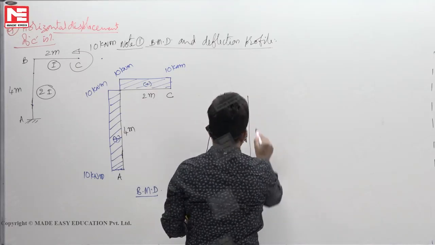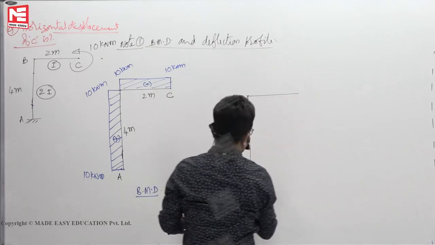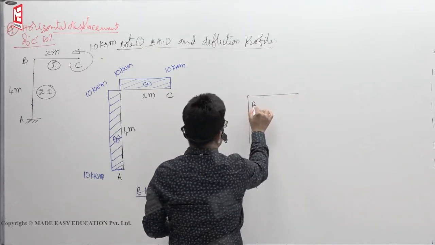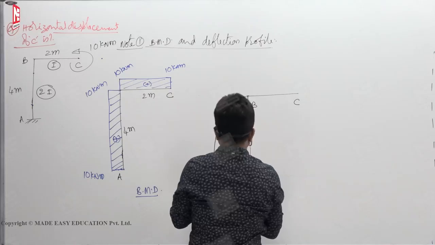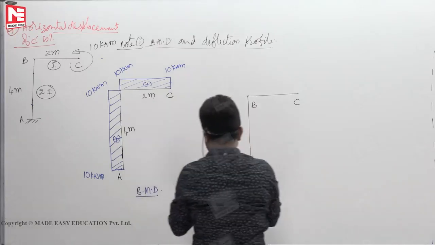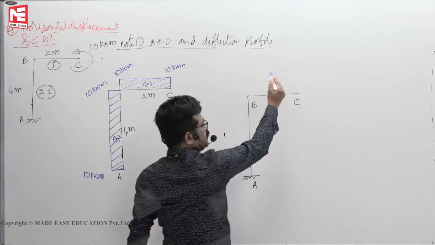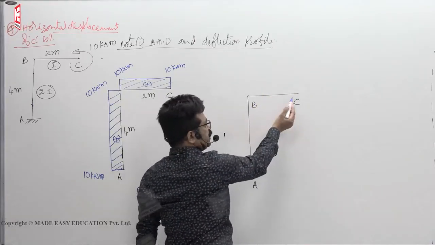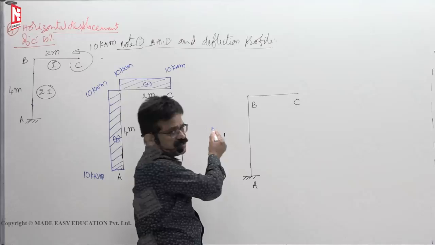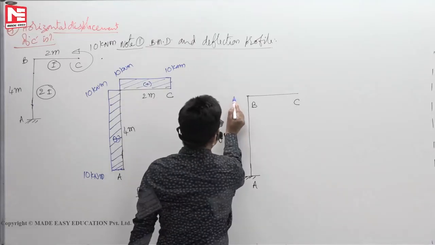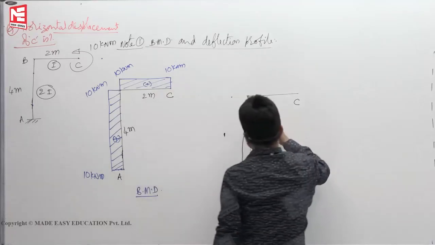This point, let us say A, B, C. When you applied anti-clockwise moment, theta C anti-clockwise you got, C went left side. When C goes left side, B also goes left side. So B will go to somewhere here, let us say. B goes to B dash.